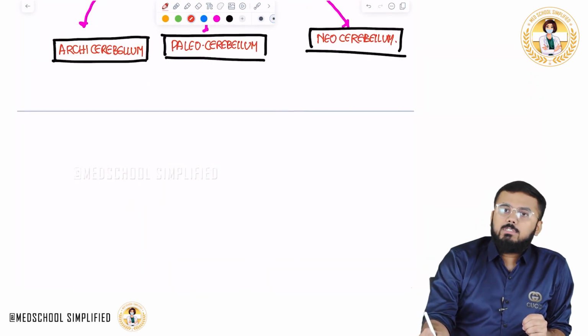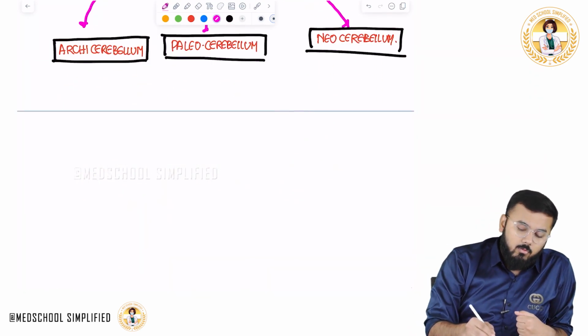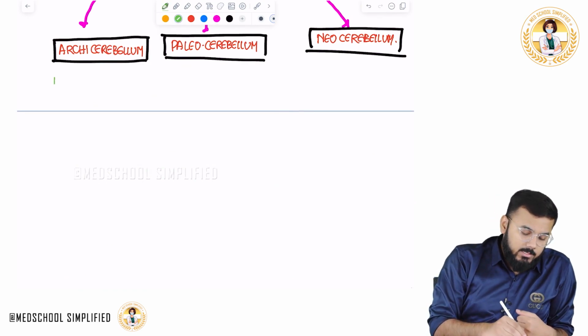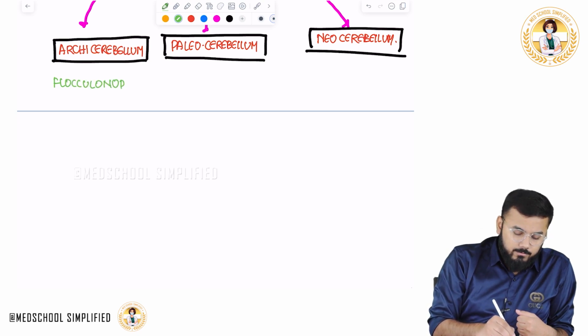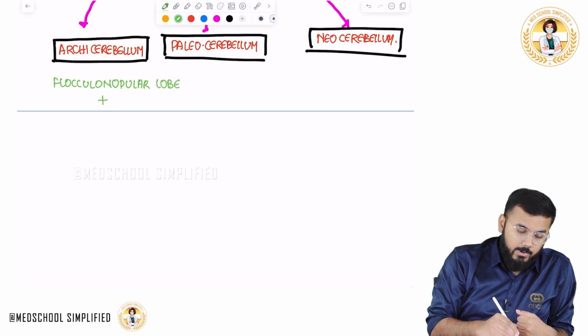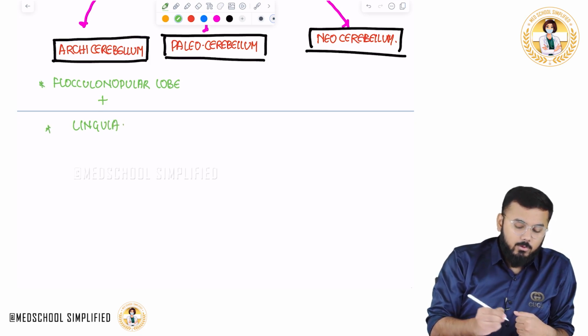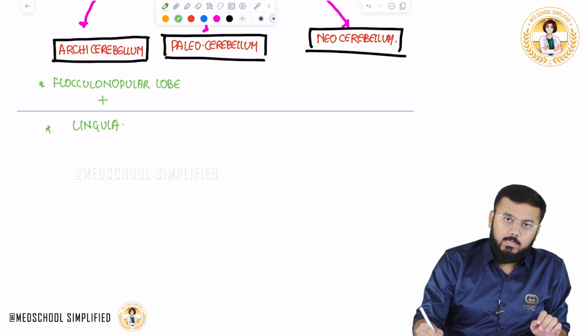So here what I was telling you is, what do you mean by archicerebellum? Archicerebellum in the sense flocculonodular lobe plus your lingula. Flocculonodular lobe and lingula together you call archicerebellum.